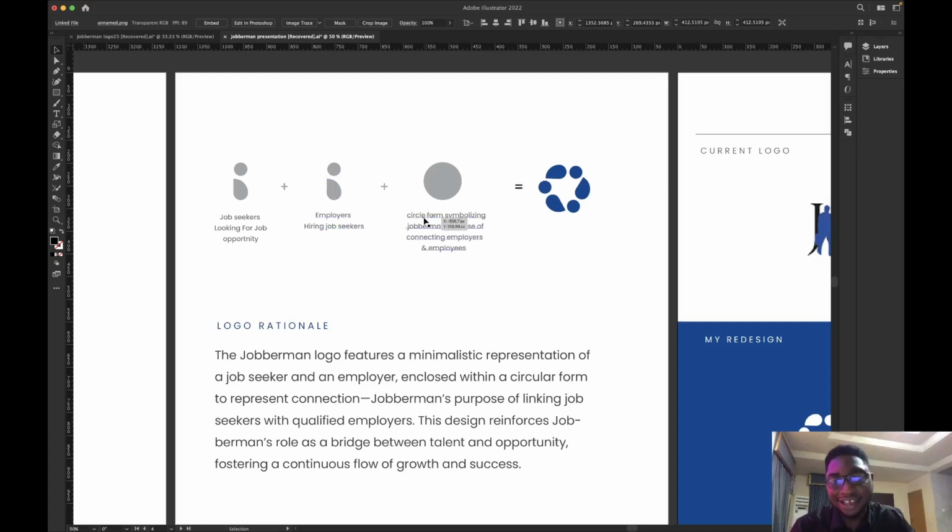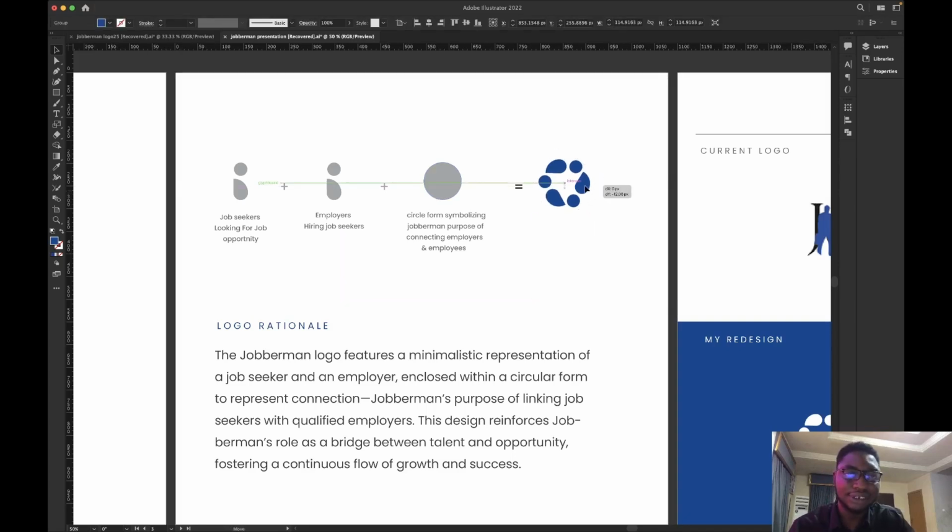So the circle form symbolizes Jobberman's purpose of connecting employers to employees, which gives birth to papa, mama, another mama, gives birth to this guy right here, right? Gives birth to this, our logo right here. So you can see the explanation here.